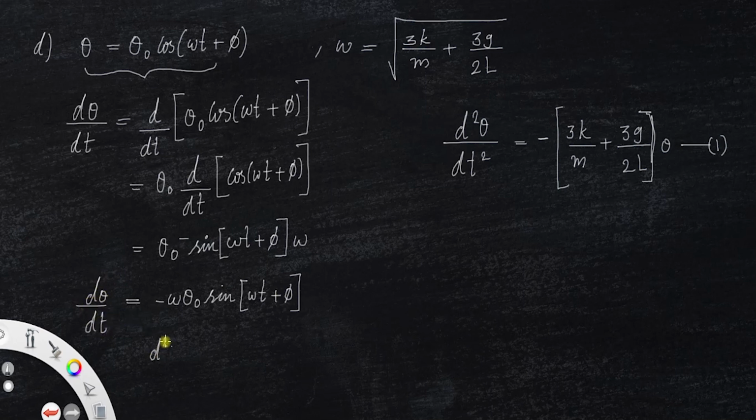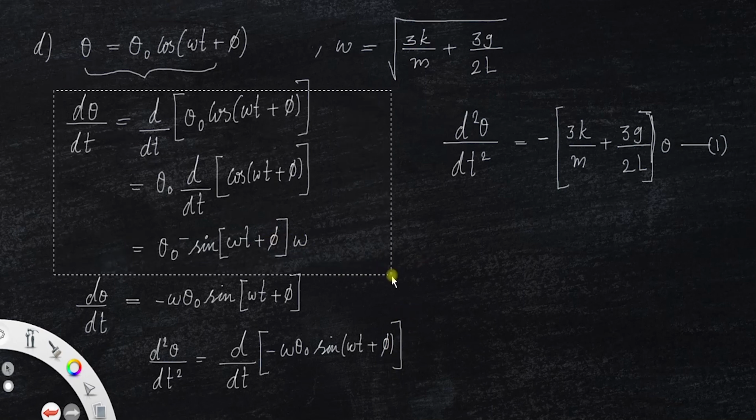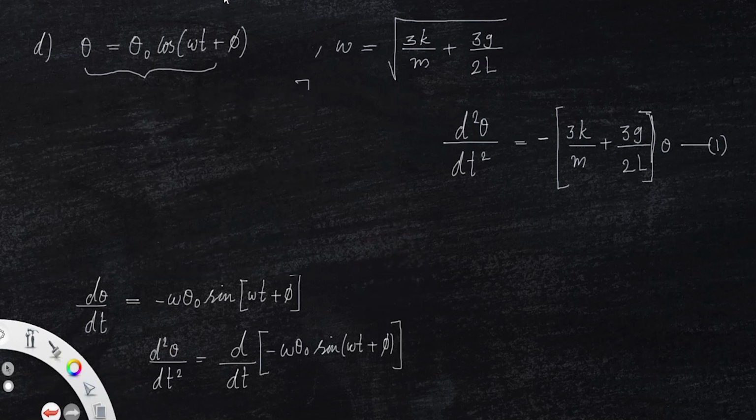Now d²θ/dt² means we have to differentiate this equation again. That is d/dt of minus ωθ0 sin(ωt plus φ). If you again differentiate this, you will get d²θ/dt² is equal to minus ωθ0, which is a constant, into the derivative of sin(ωt plus φ).